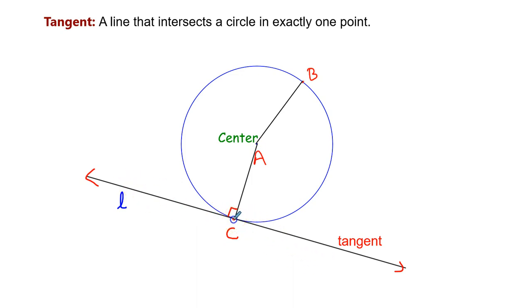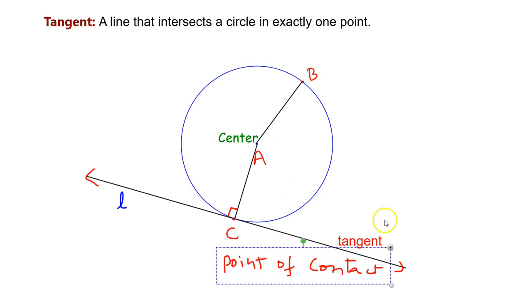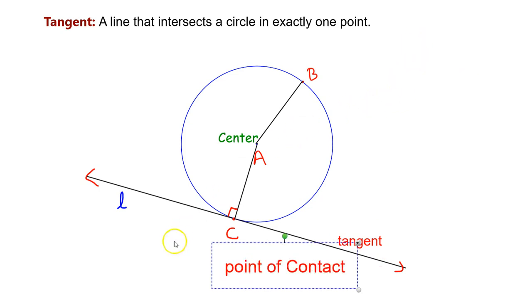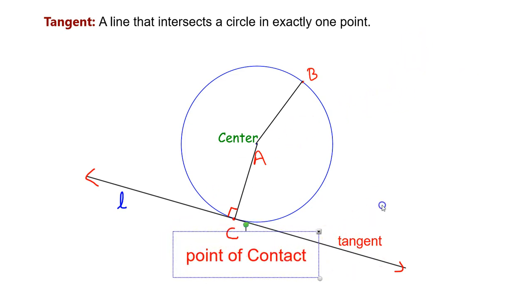And the 90 degrees is found at this point of contact. C is the point of contact and the angle here is 90 degrees.